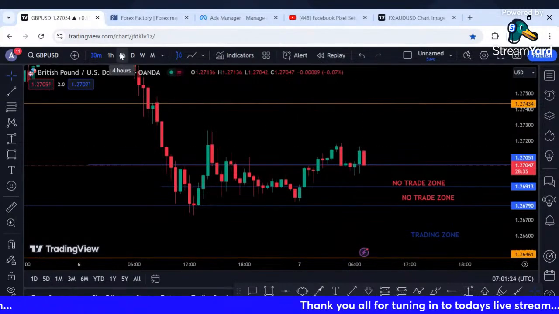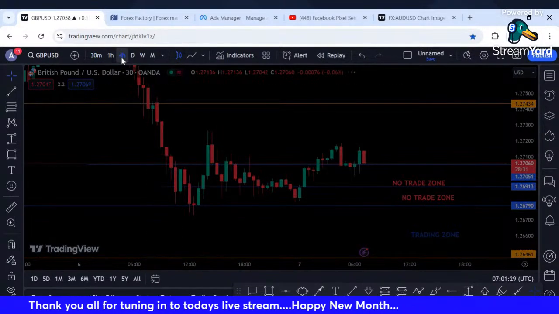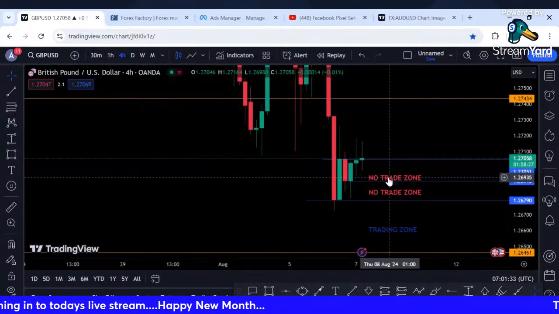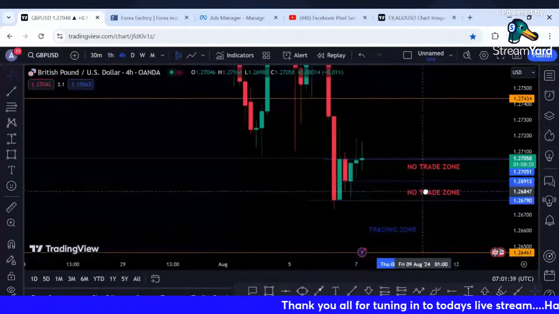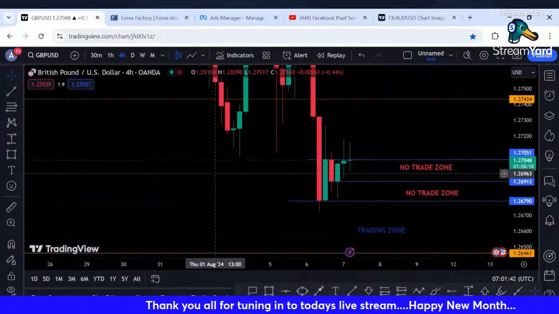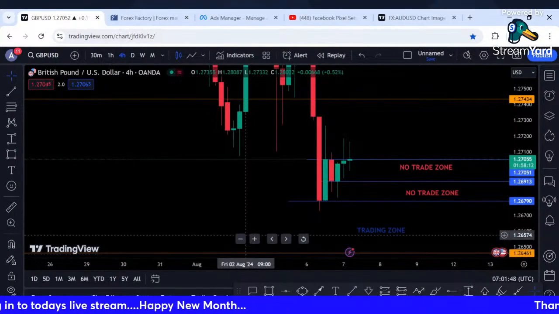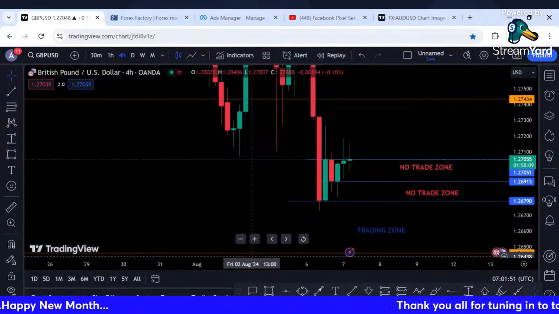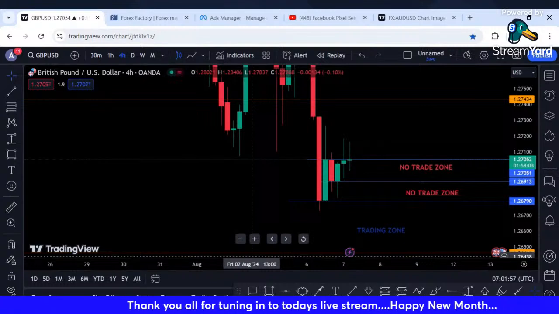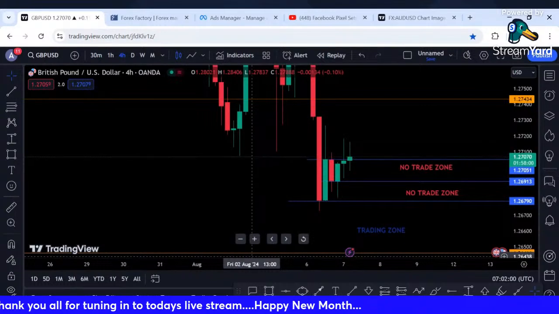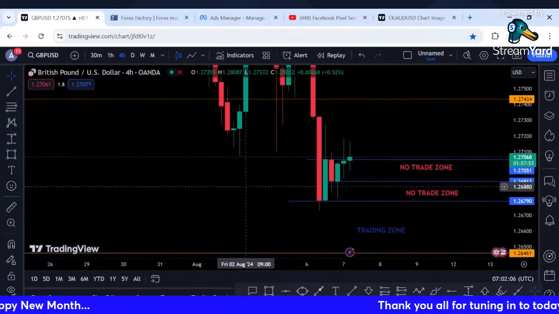Sometimes you can be right, but when you talk about longevity, the person who is going to make money consistently is the person who follows the direction of the market on the higher time frame. If you want to follow the direction of the market, it's always advisable to use the H4. The H4 time frame is like a magical time frame, as I always say. I tested it myself and I noticed it. So it's always advisable to be using it.